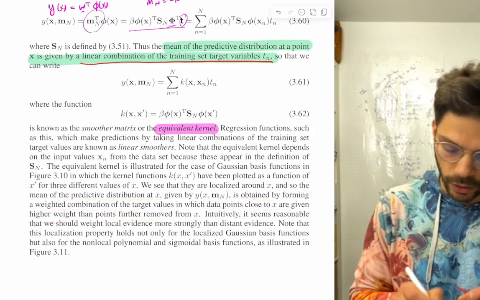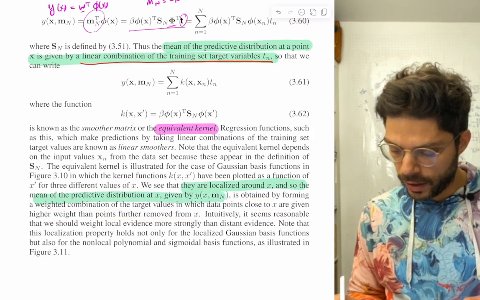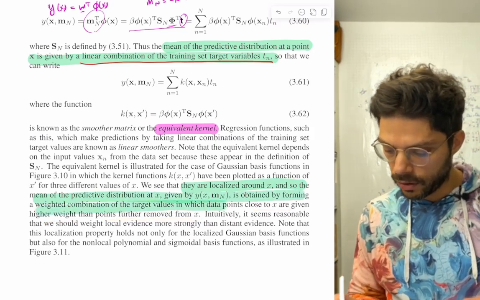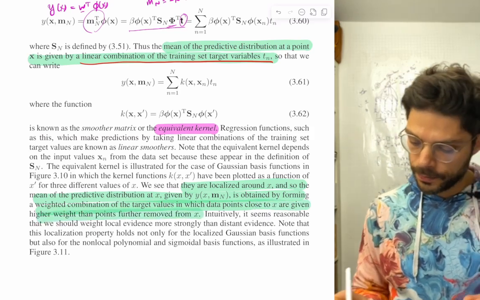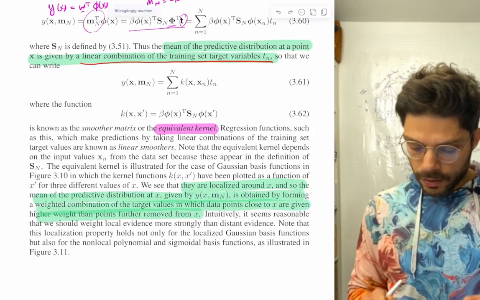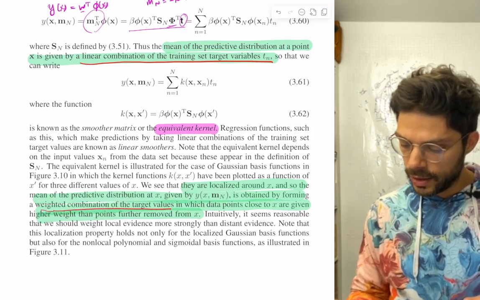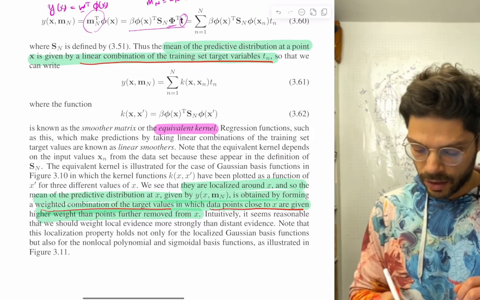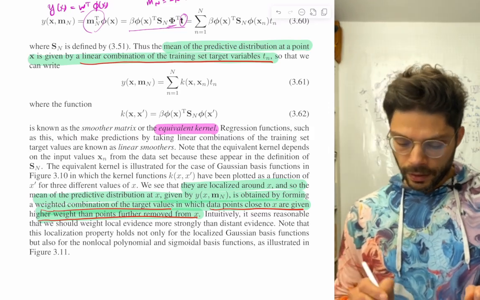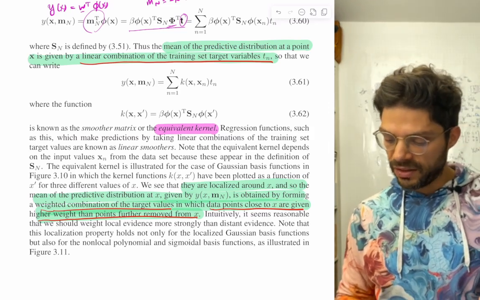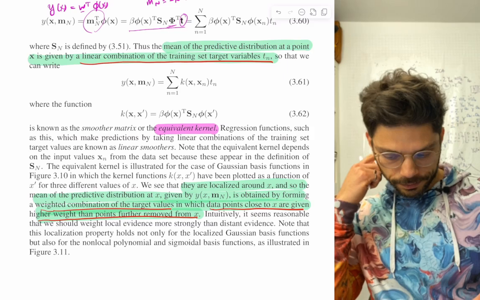This is the crucial part, and it goes back to our intuition. Intuitively, it seems reasonable that we should weight local evidence more strongly than distant evidence.